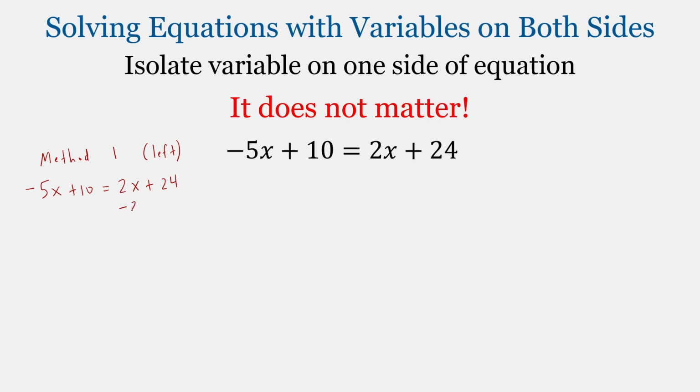So we'll subtract 2x from both sides. We have negative 7x plus 10 equal to 24. Then we'll subtract 10 from both sides. Negative 7x equal to 14, and then divide both sides by negative 7, leaving the answer of x equal to negative 2.